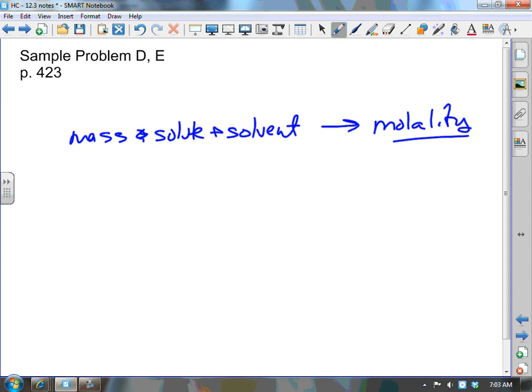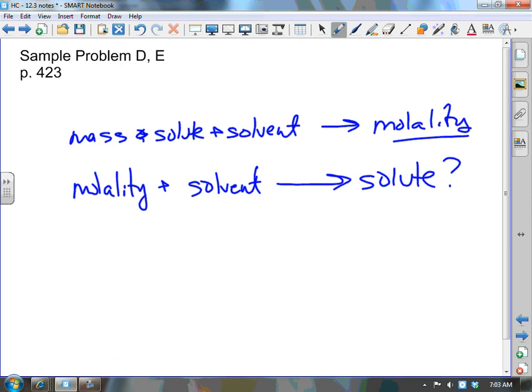Practice problem E, pretty much the same way, except now, if you're given molality and you're given the solvent, you're trying to find the solute. So again, remember, molality is a conversion factor.